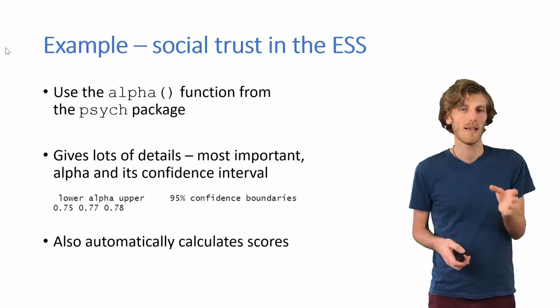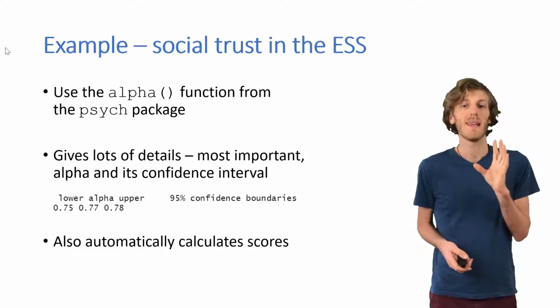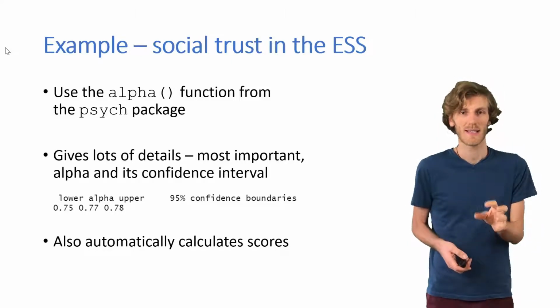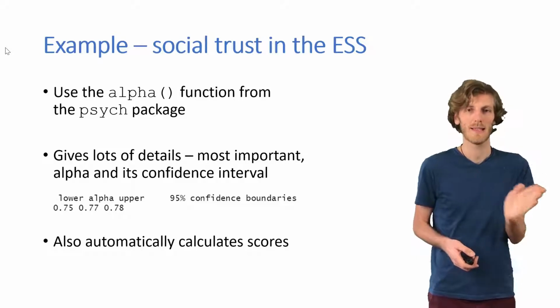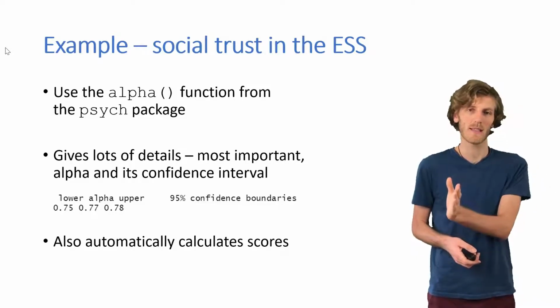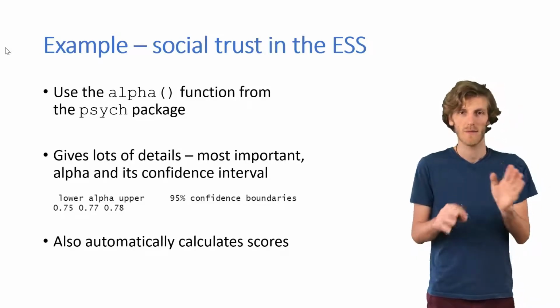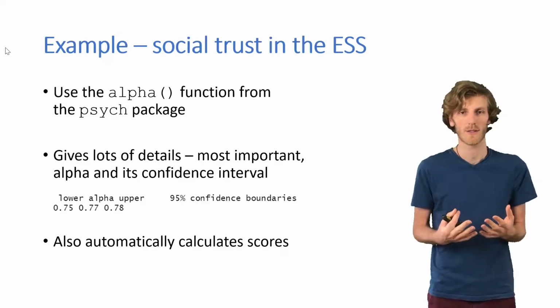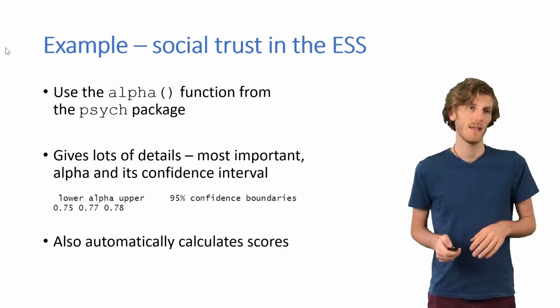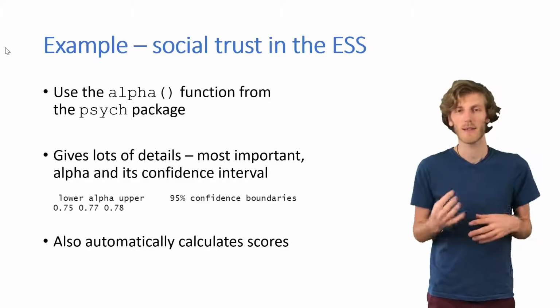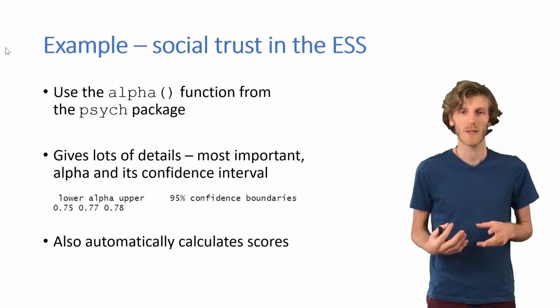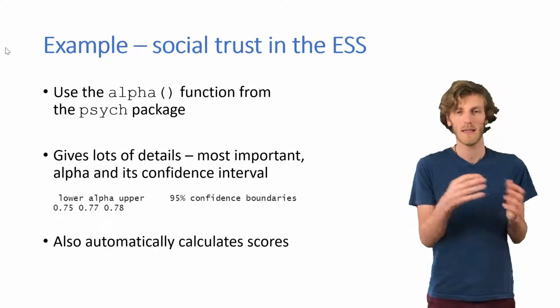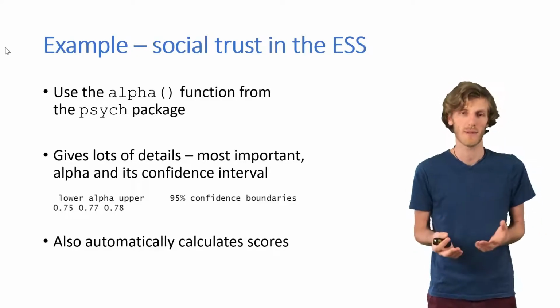So here we can say that we can be very confident that Cronbach's alpha is in the high 0.7 range, so that this is an acceptable to good scale for measuring social trust. The alpha function also automatically calculates the scores, and now these scores can be added to the dataset, can be used in future analysis.